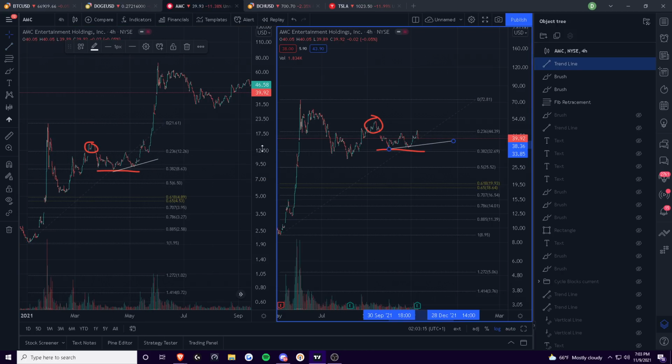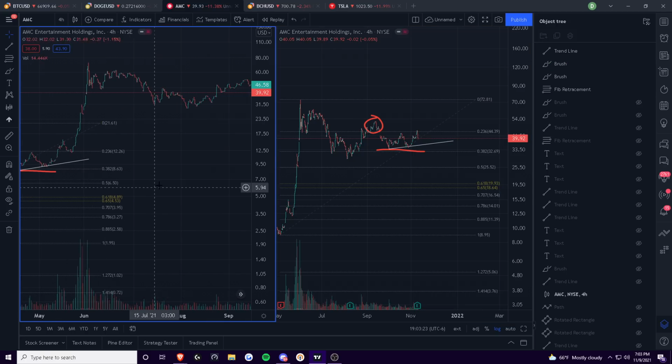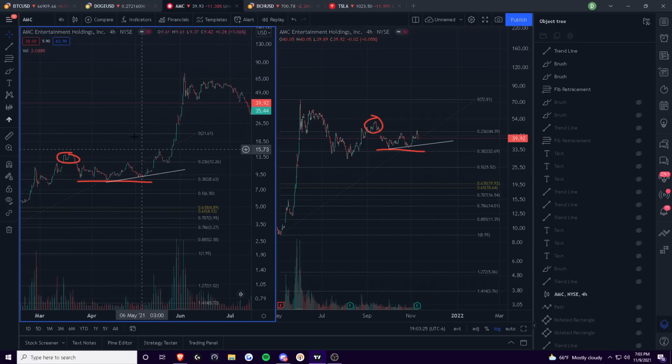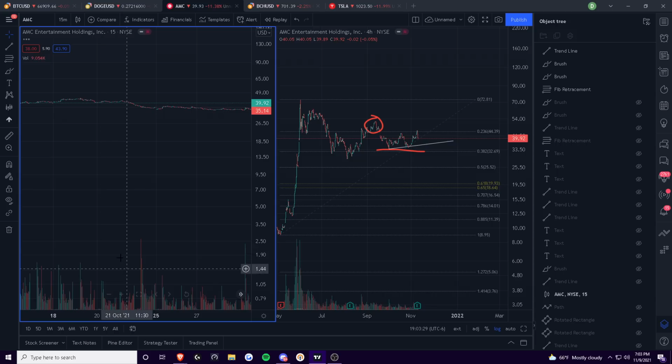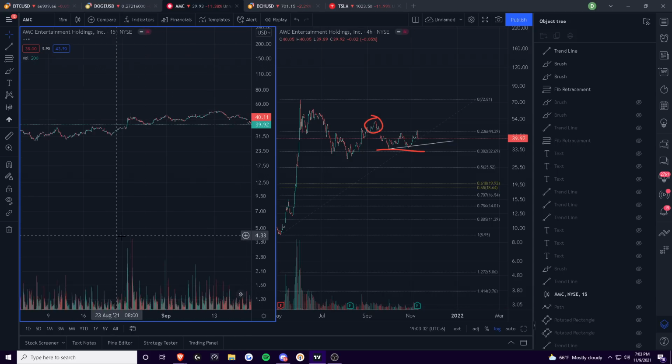And so what we're trying to confirm now is, did we come back after we poked through the 236 on this scale? I wonder. Let's go see.